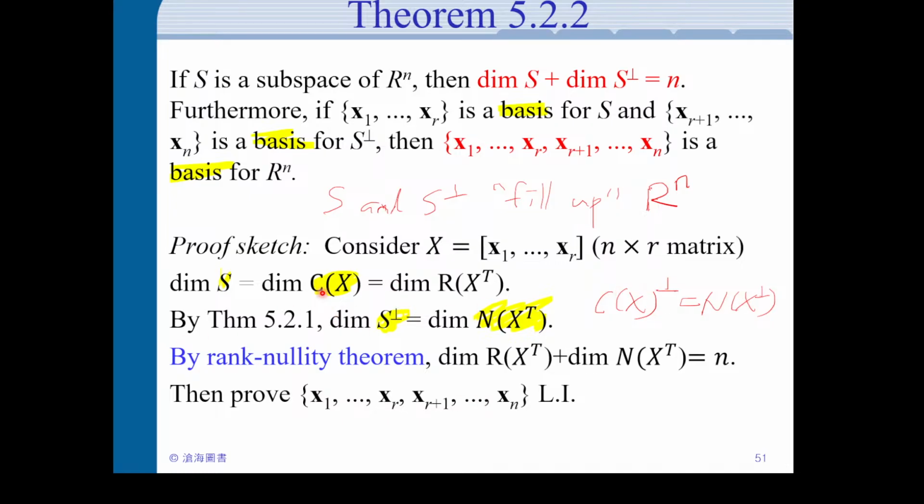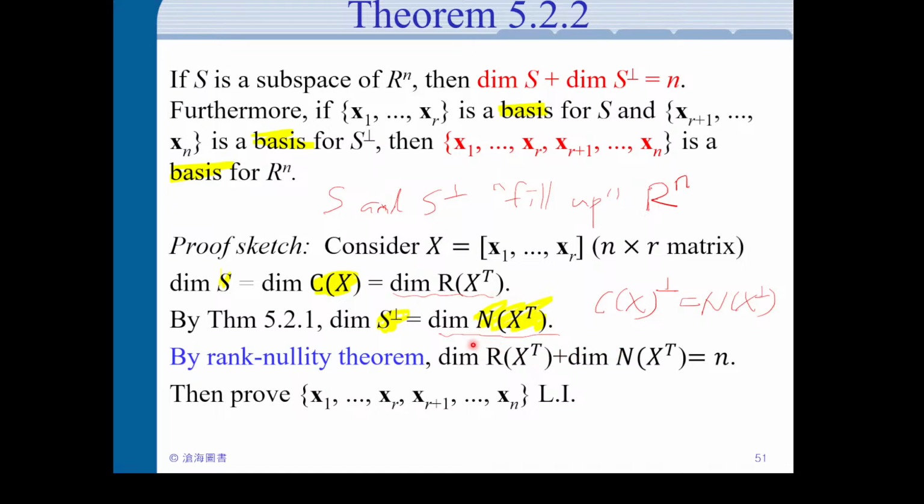We have the dimension of S perpendicular equal to the dimension of the null space of X transpose. Then we can use something we proved in chapter 3, our rank-nullity theorem, nicely. We have the dimension of S equal to this thing, and the dimension of S perpendicular equal to this thing.